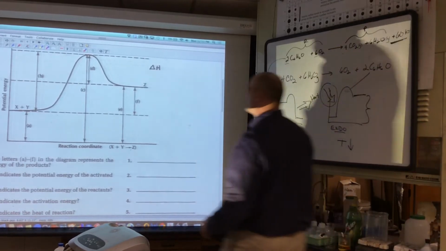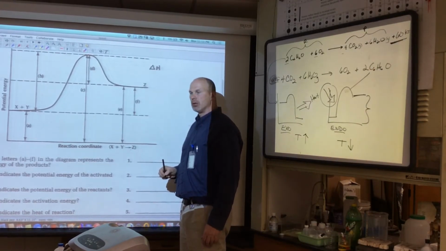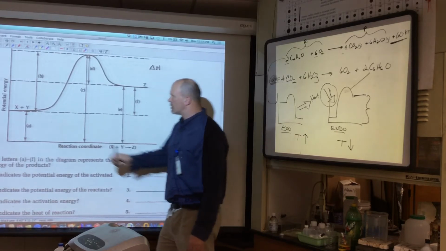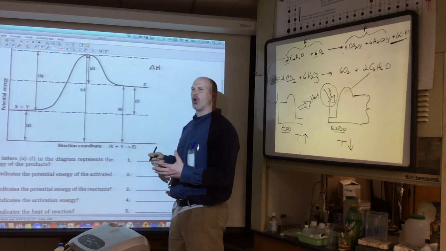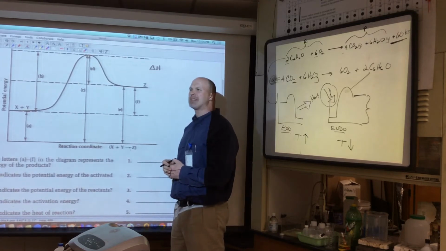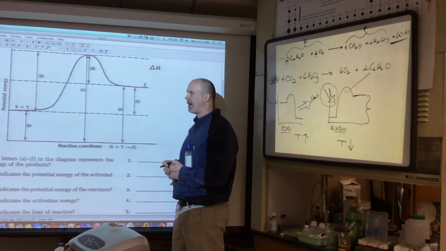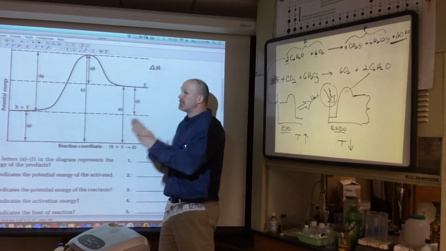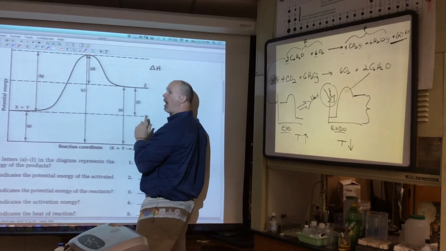What would be the value of delta H? The difference of where I start and where I finish. What's the change in overall energy? What represents the energy that needed to be absorbed in this reaction? What's the value? Plus 10. Positive tells me we're going up. We started here, we're going up.